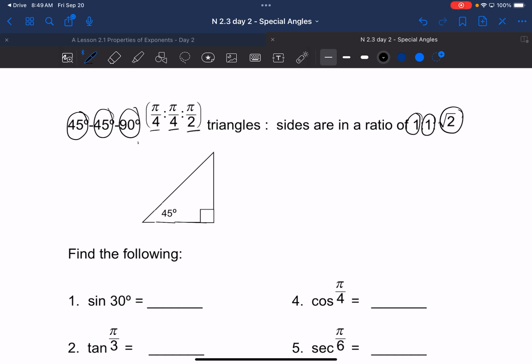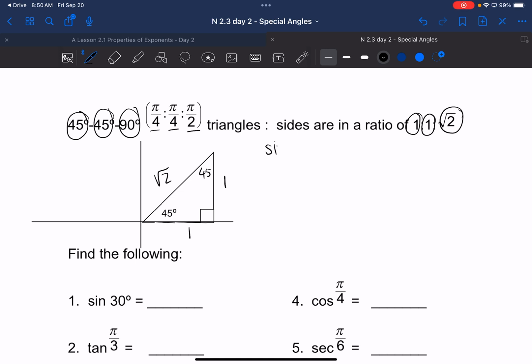Okay, so I'm going to put this triangle on a coordinate plane. And if this is 45 degrees, so is this, right? And across from our 45-degree angles, we label the sides 1 and 1. And we label our hypotenuse square root of 2, it says, right? Okay, so now that we have these measurements, we should be able to come up with our ratios.